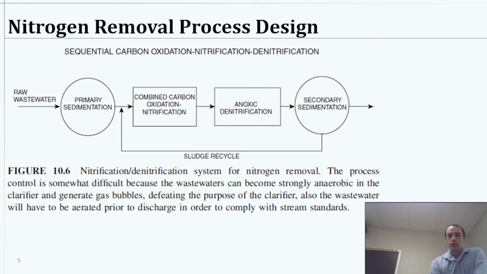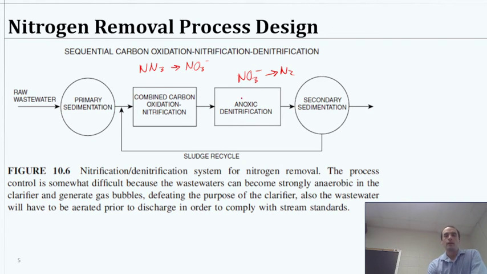We could have this combined carbon oxidation and nitrification, so we're converting from NH3 type stuff to nitrates, and then we can do what we would call anoxic denitrification, so design a process to take NO3 to N2 gas, but we can't have oxygen around for that to happen because we need the bacteria to be using this nitrate as an oxygen supply.